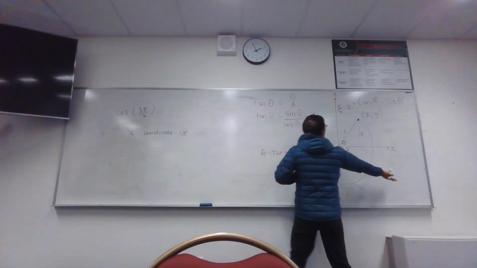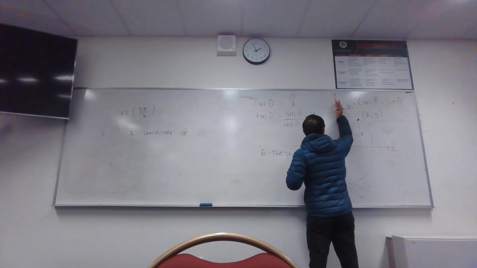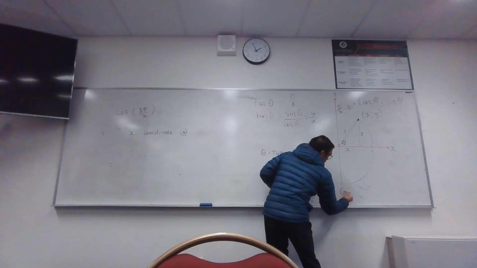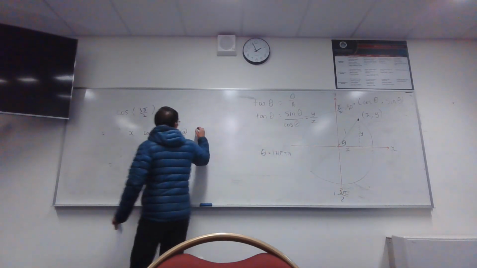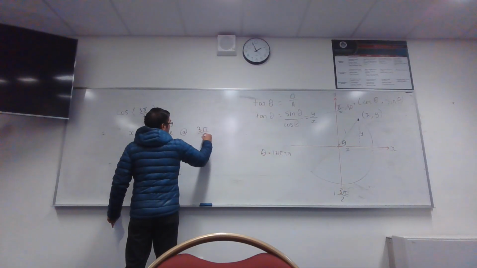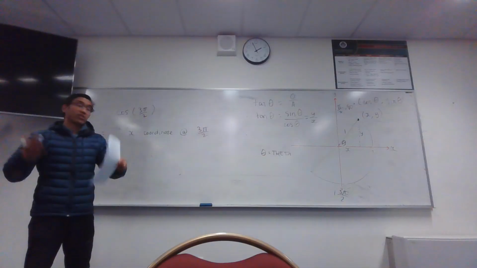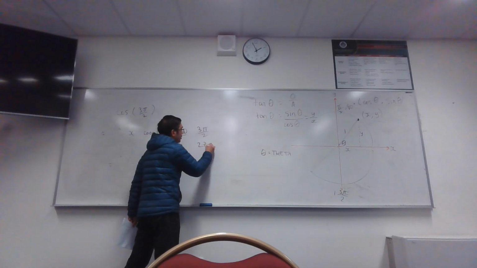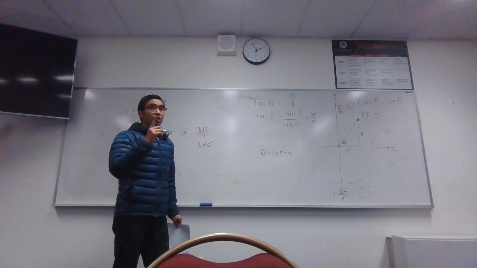So if that's 1 pi on 2, this is 2 pi on 2, 3 pi on 2 is down here. If you're a degrees type person, you can say what degrees? 270 degrees.